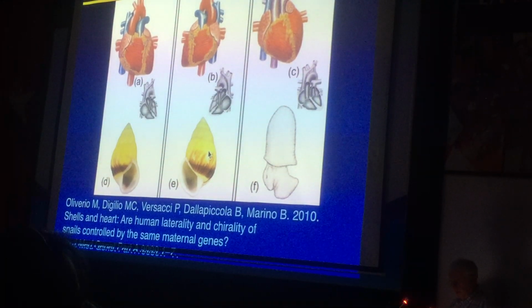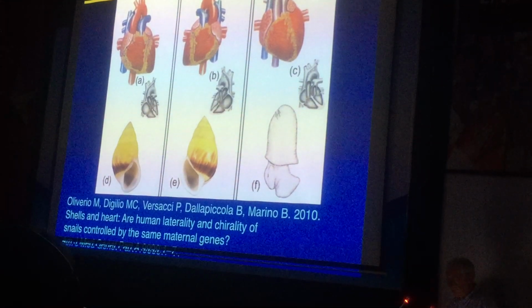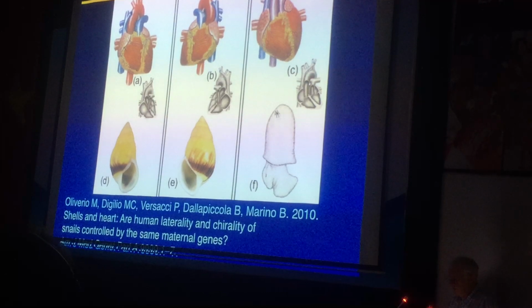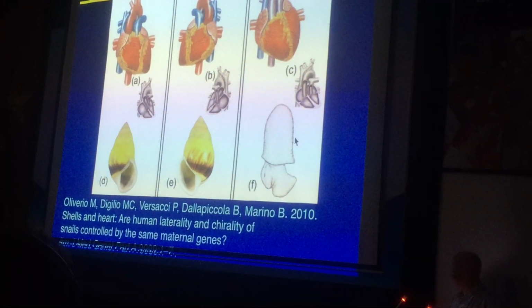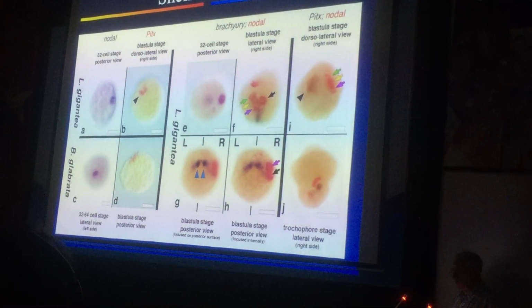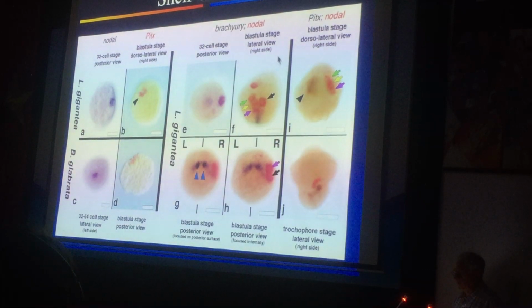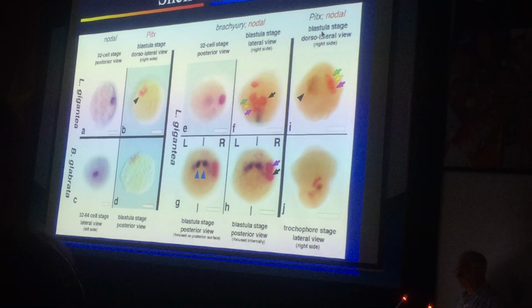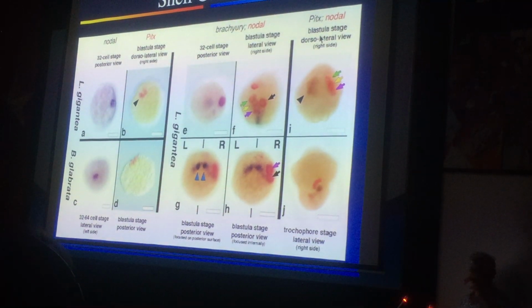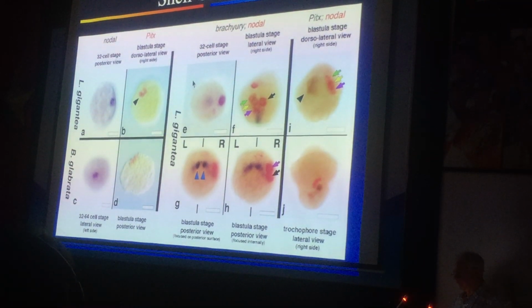But so you knock it out, you get this, but if you knock out both genes, then you get a picture like this. So what is this gene? It's the gene called nodal. Nodal, brachyury and pitx are all genes that give rise to the origins of situs.